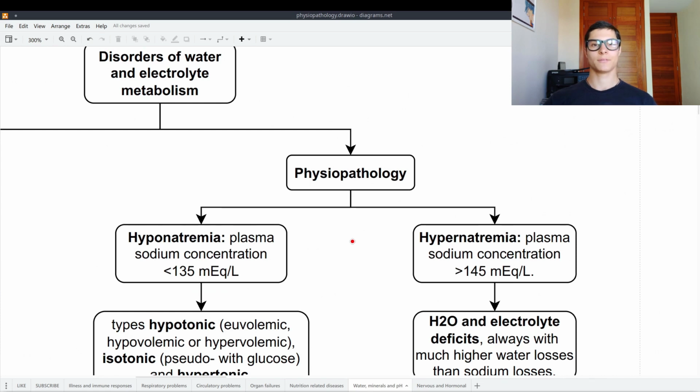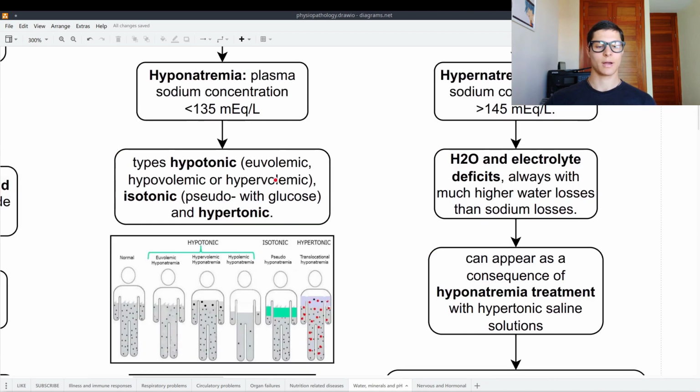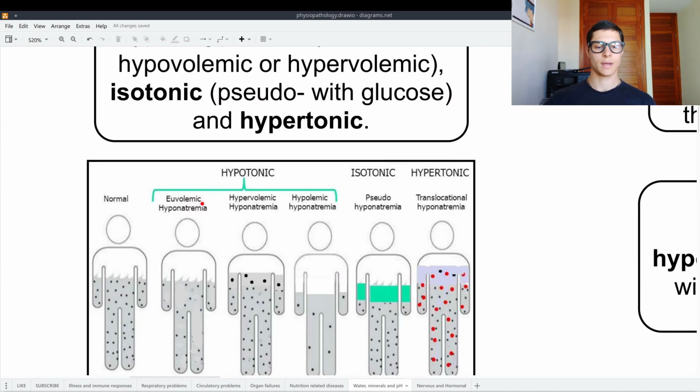Now let's take a look at the physiopathology. We have the hyponatremia, when the plasma sodium concentration is below 135 milliequivalents per liter, and the hypernatremia, when the plasma sodium concentrations are over 145 milliequivalents per liter. So we have several types here of hyponatremia.